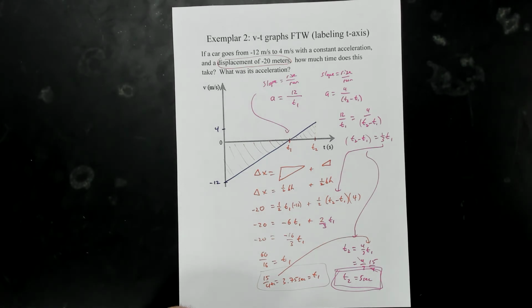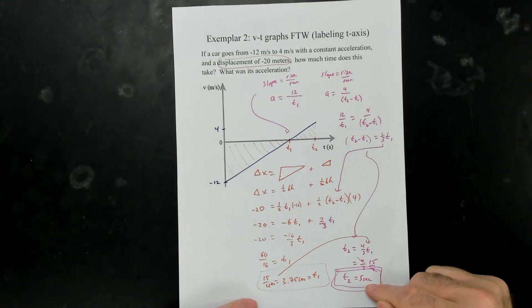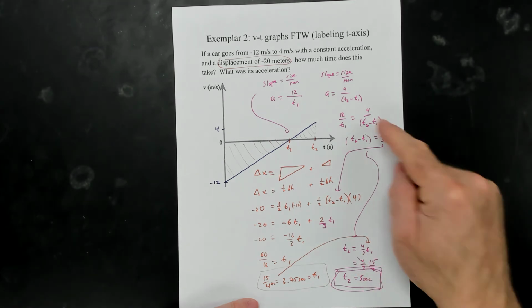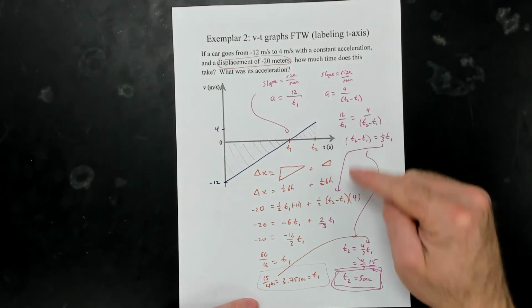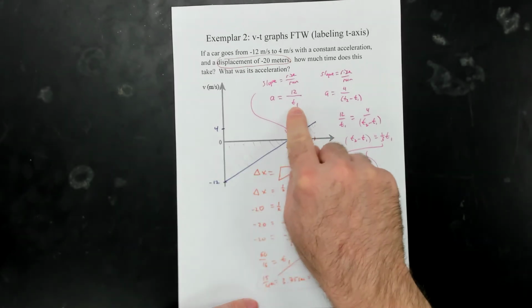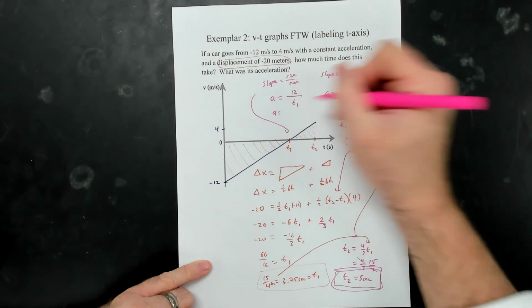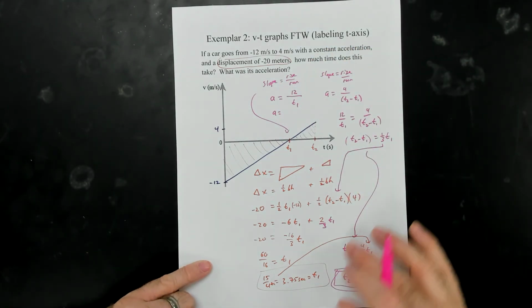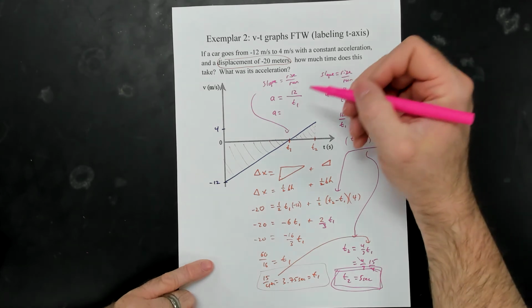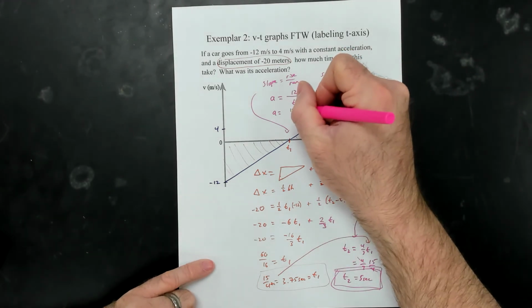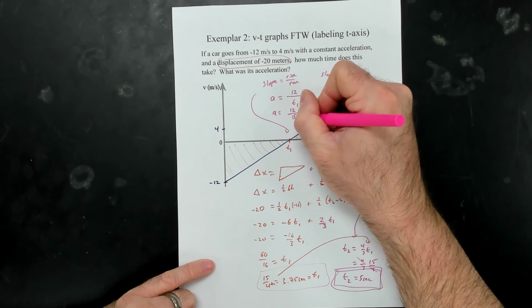5 seconds. Okay, now that I have that, can I find the acceleration? You say, sure, that's easy. Actually, I know T1, so let's put T1 in there. My a is 12 over T1. I could also put my values for T1 and T2 in this equation, that would be fine, but this one's easier. That's 15 fourths, so I'm going to have 12 over 15 fourths.